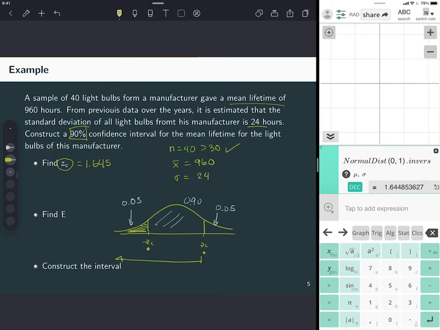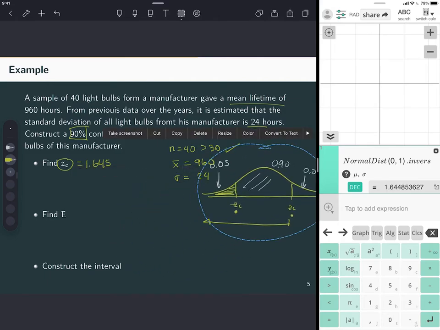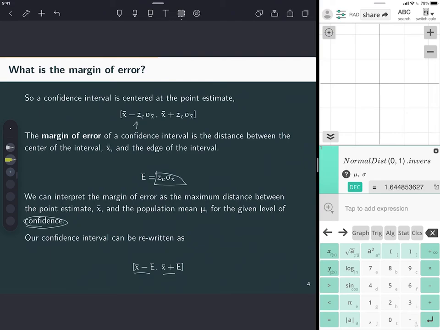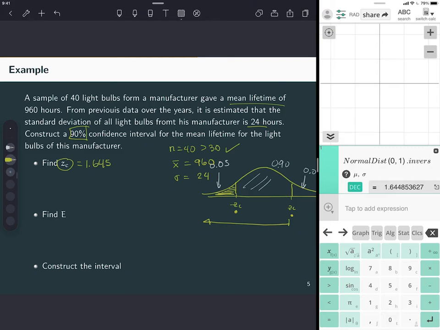Now how to find the E? Well, the E, if you remember from before, was just the Z times the standard deviation of the sample mean. So E would be Z times sigma x bar.